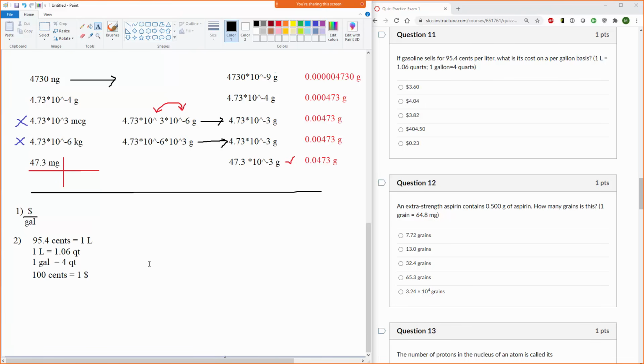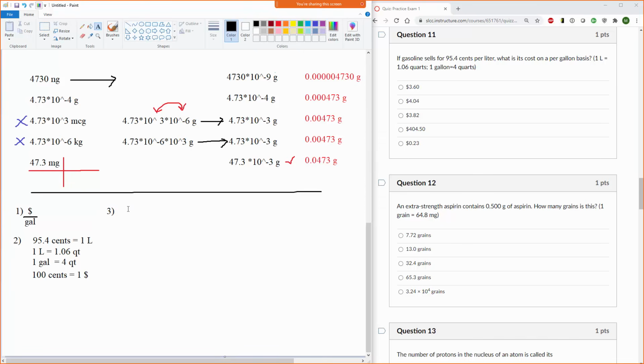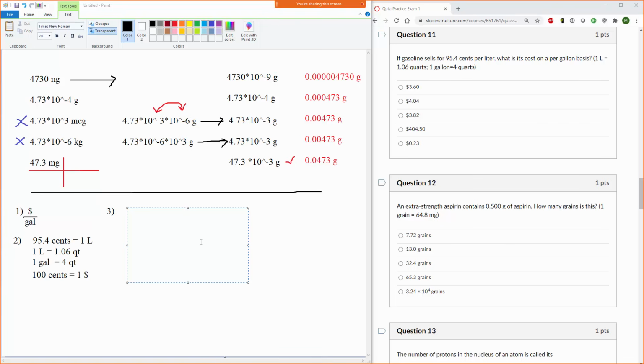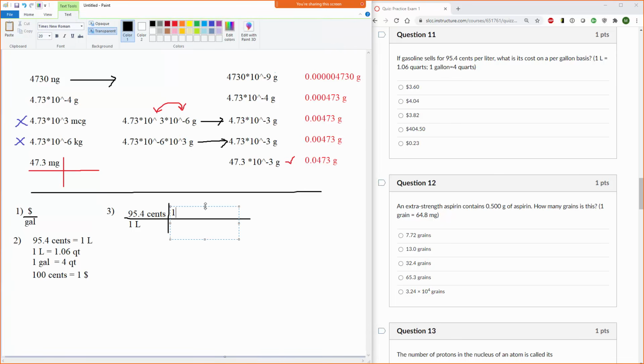Okay, I think we have everything we need to set this up. So where should we start? Where do you want to start? All right, Nicole wants to start with 95.4 cents in every 1 liter of gas. Great place to start. What shall we do next? 1 liter over 1.06 quarts gasoline.